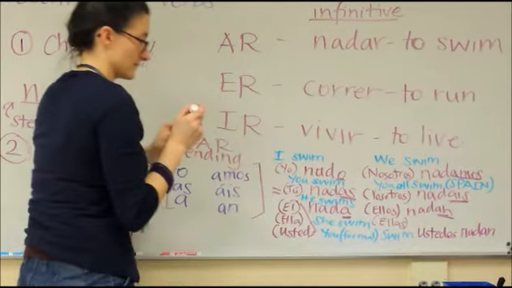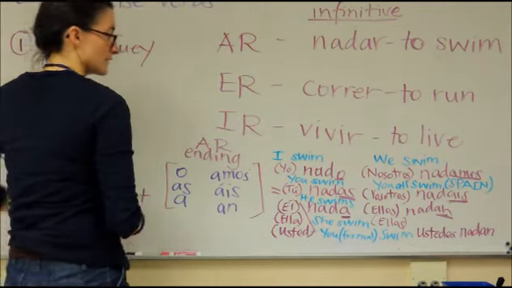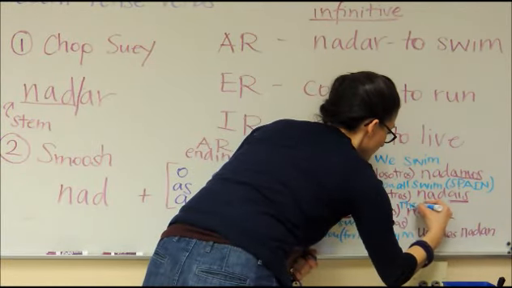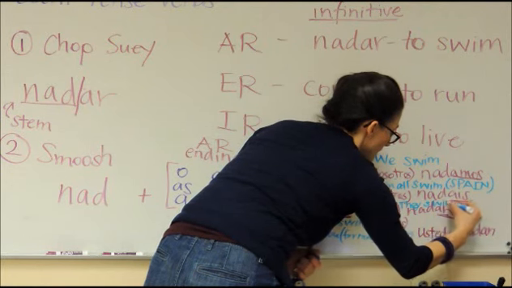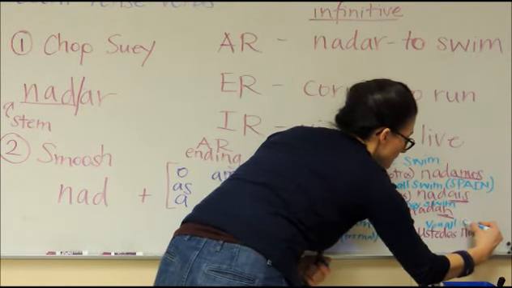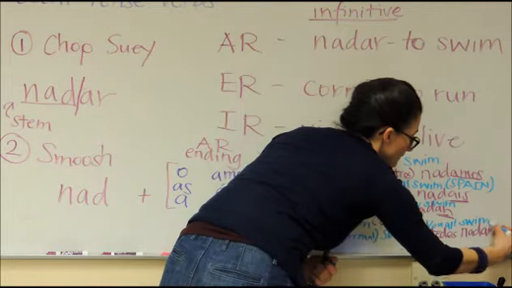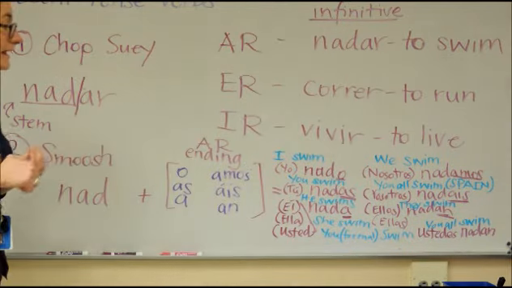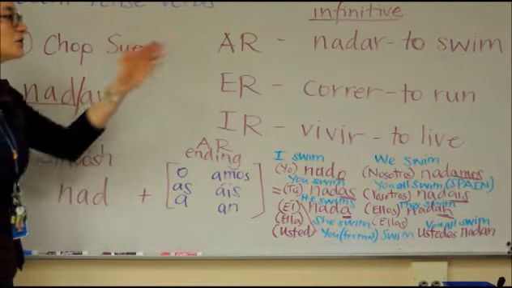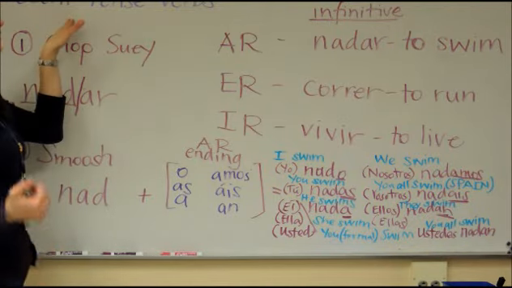Muy bien. So this is they swim. And this is you all swim outside of Spain. And this is chop suey, smoosh together. This is how you conjugate present tense verbs.